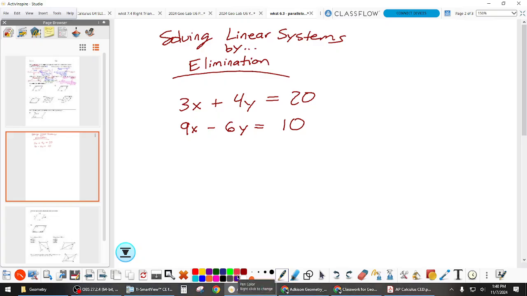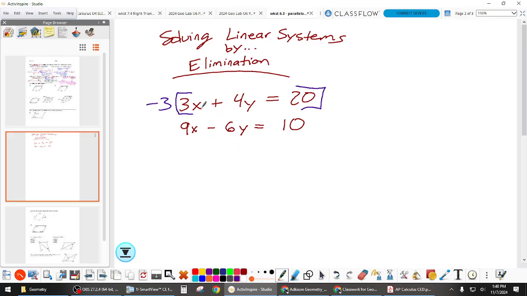Okay? So if I multiply this one, what do I have to multiply it by to make this 3 be a 9? By a 3, okay? So if we multiply that by negative 3, if you always multiply by a negative, then you're always going to add in the next step, which saves you a little bit of thinking, okay?